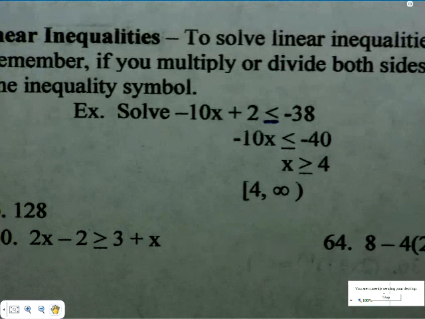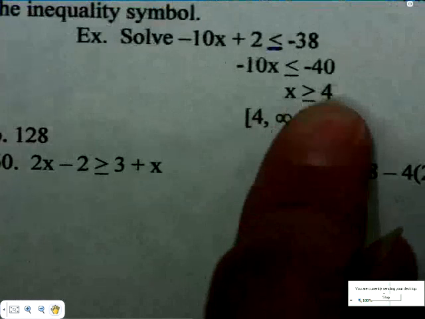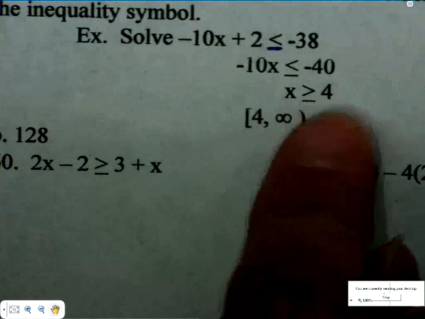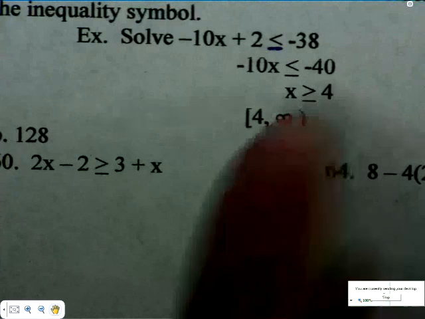That's not a precise statement, Kevin, because if you divide a positive by a negative, you get a negative. Yeah, but I don't get what that has to do with reversing the symbol. You reverse the symbol whether this number turns out to be positive or negative. The sign of this number has nothing to do with the direction of that symbol.